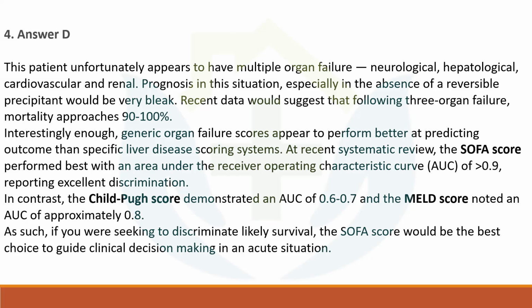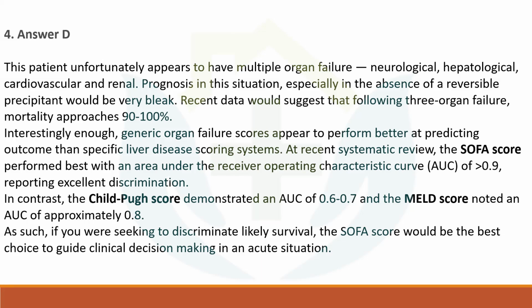In contrast, the Child score demonstrated an AUC of 0.6 to 0.7 and the MELD score around 0.8. As such, if you were seeking to discriminate likely survival, the SOFA score would be the best choice to guide clinical decision making in an acute situation. So the SOFA score was the correct answer.